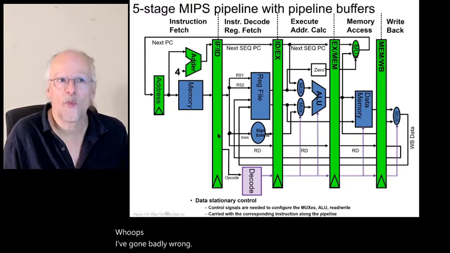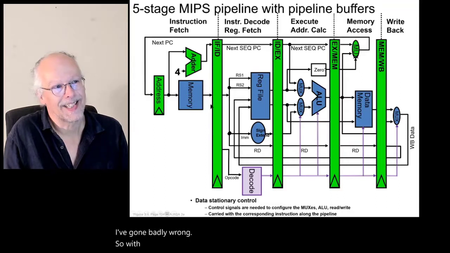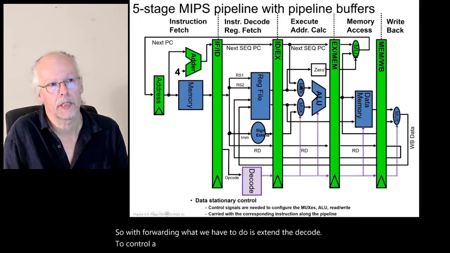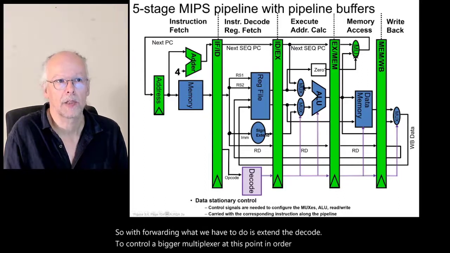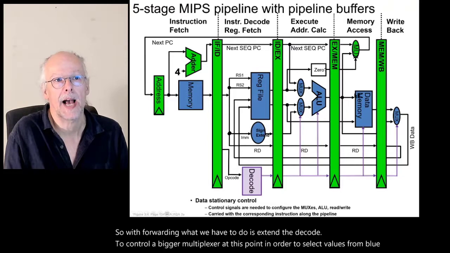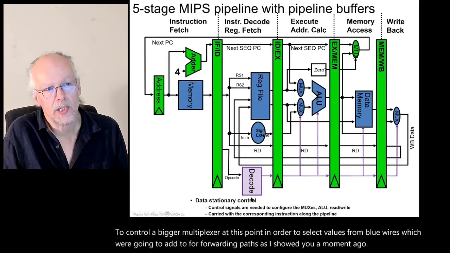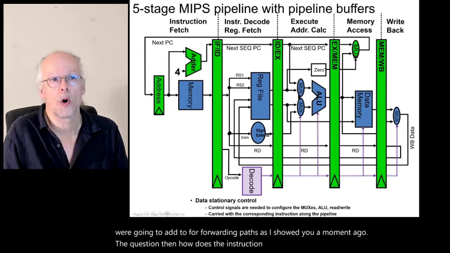So now with forwarding, what we have to do is extend the decode to control a bigger multiplexer at this point in order to select values from the blue wires, which we're going to add for forwarding paths, as I showed you a moment ago. The question then is, how does the instruction decoder know what to do?